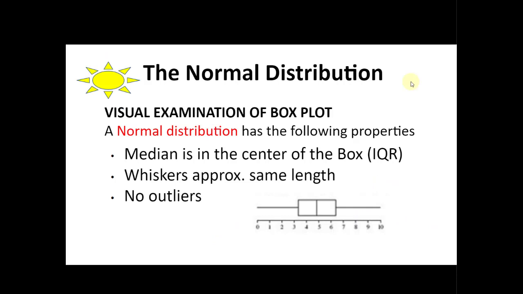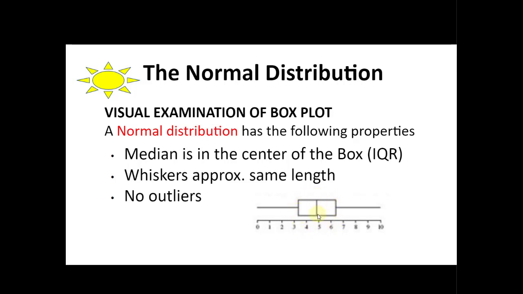In terms of the visual examination of the box plot, in order to have some evidence that the distribution is normal, the box plot should have the median approximately in the center of the box, or the IQR, or the H spread if you want to call it that.